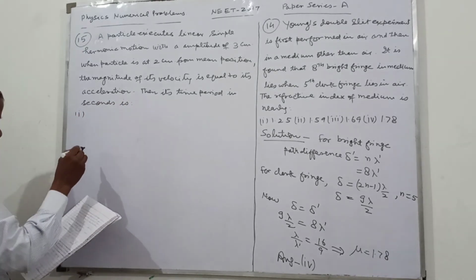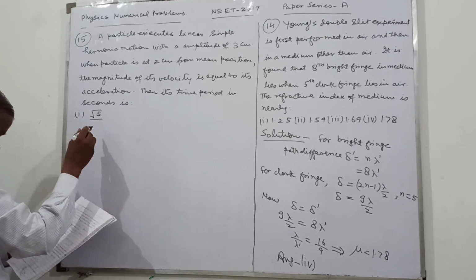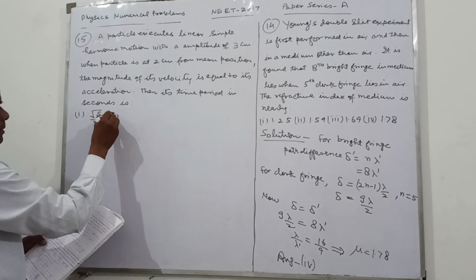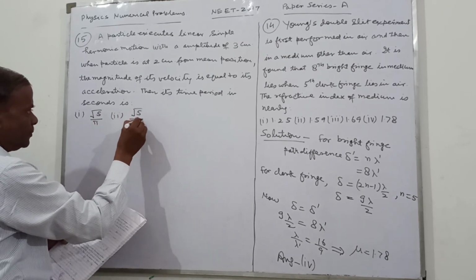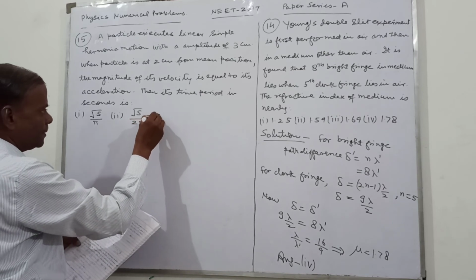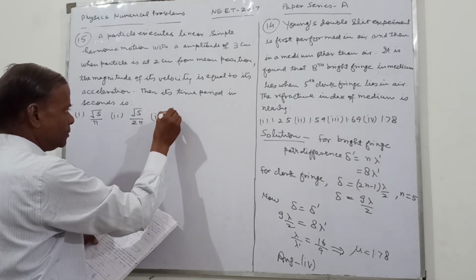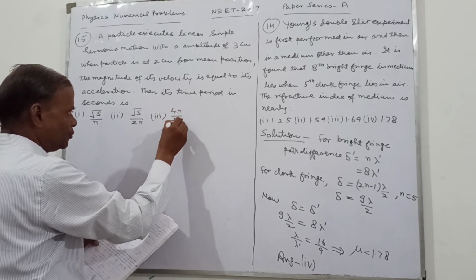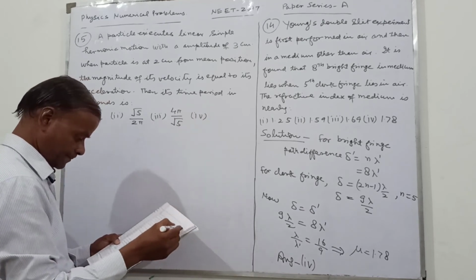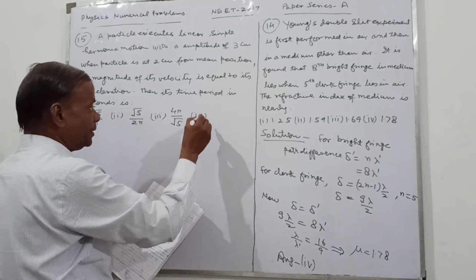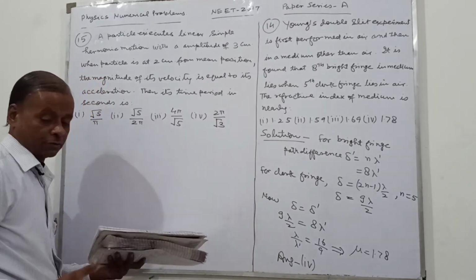The first option is √5 upon pi. Second option is √5 upon 2 pi. And third option is 4 pi upon √5. And fourth option is 2 pi upon √3. This is now the question.